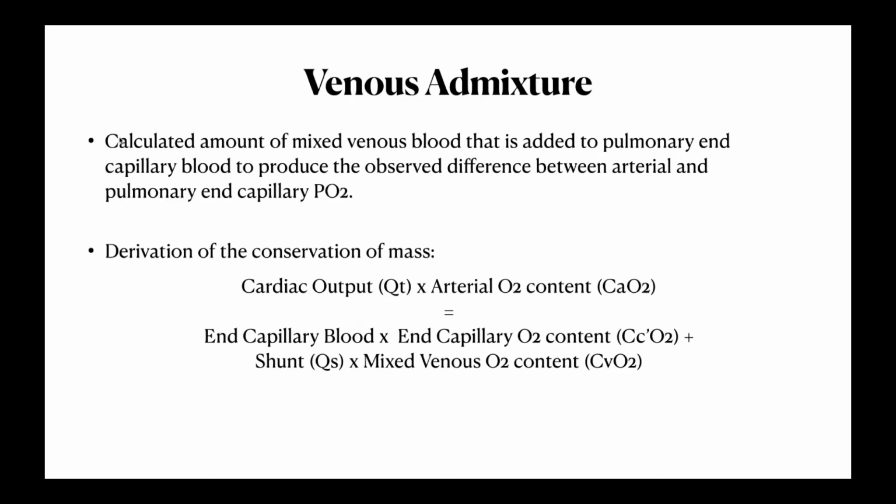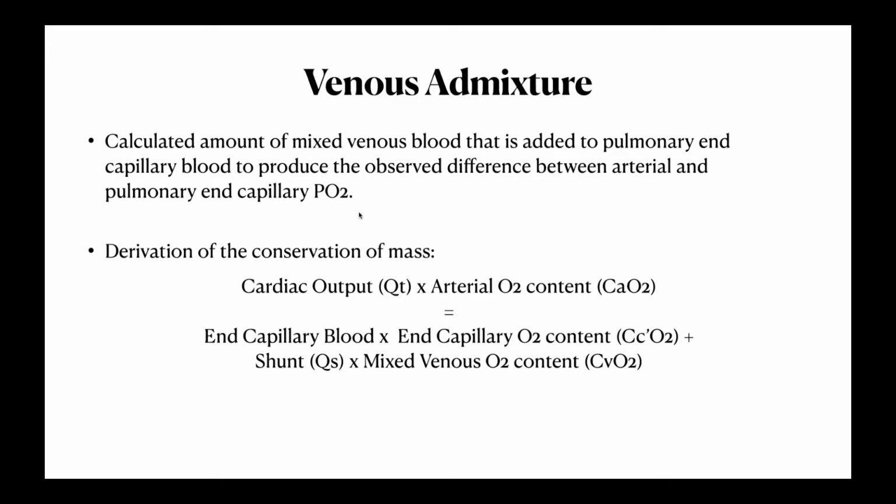So venous admixture is the calculated amount of mixed venous blood that is added to pulmonary end capillary blood to produce the observed difference between arterial and pulmonary end capillary PO2. And it's a derivation of the conservation of mass.